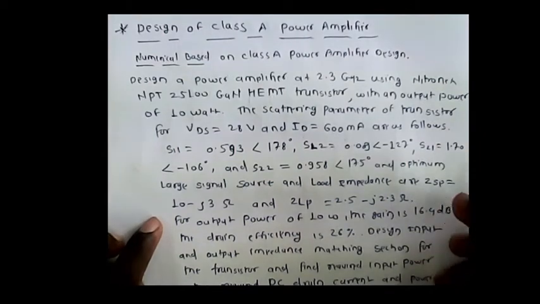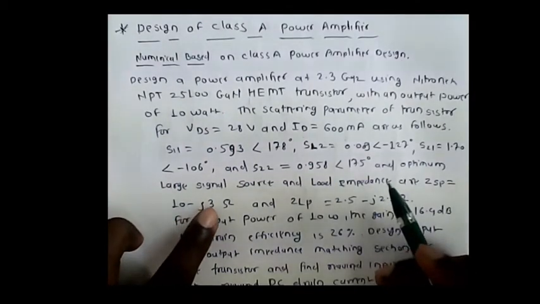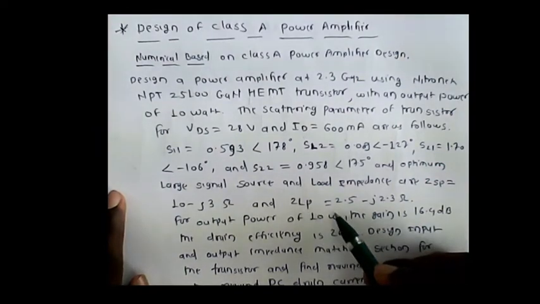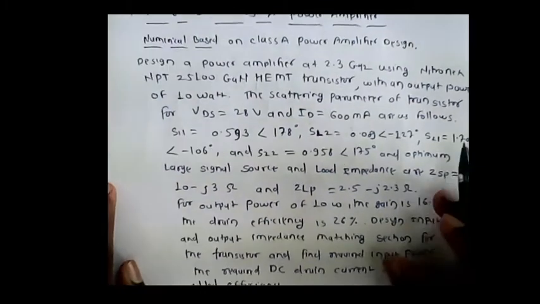The optimum large signal source impedance ZS is 10 minus j3 ohm, and the load impedance for this power amplifier is 2.5 plus j2.3 ohm.